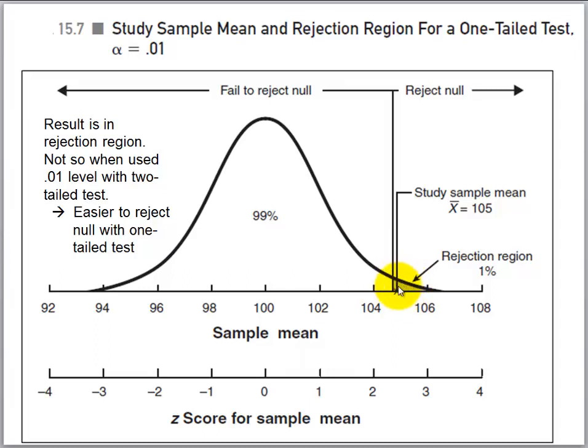We take the territory here, so to speak, and we move it to the other side, and at any rate, we don't quite get to the 0.5% tail, but we do get to the 1% tail. Summing up, other things being equal and the result being in the direction of expectations, it is easier to reject the null with a one-tailed test.